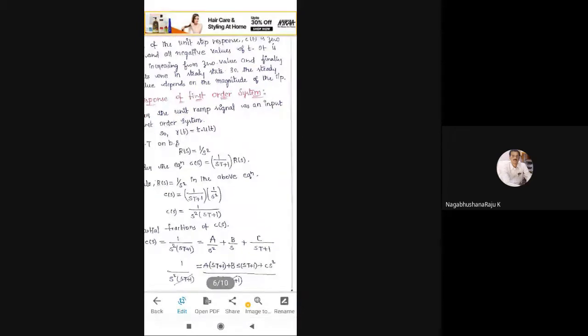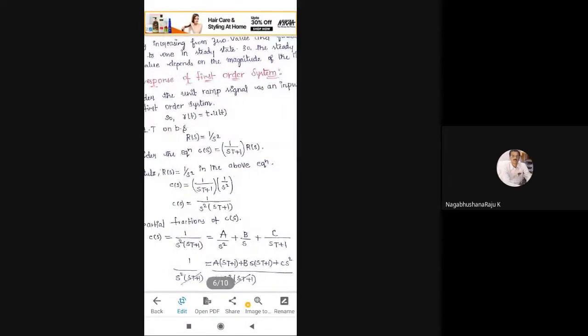Now C(s) equals 1 by s square into (sT plus 1) equals A by s square plus B by s plus C by (sT plus 1). We get 1 equals A into (sT plus 1) plus Bs into (sT plus 1) plus Cs square.